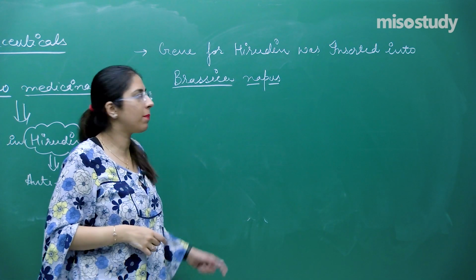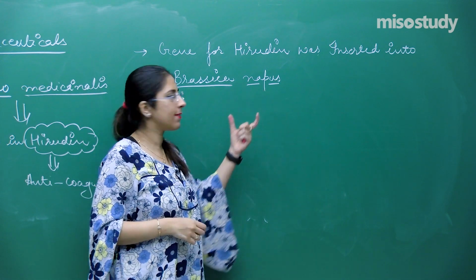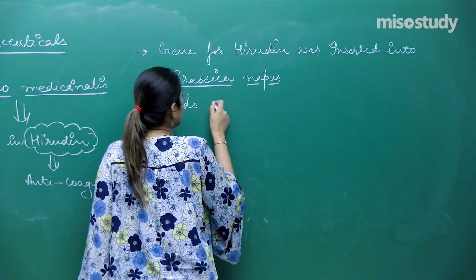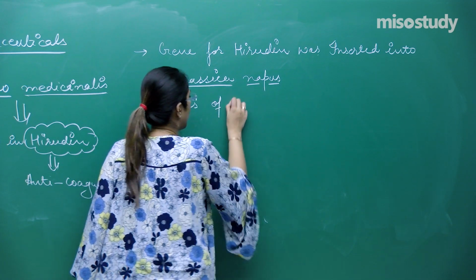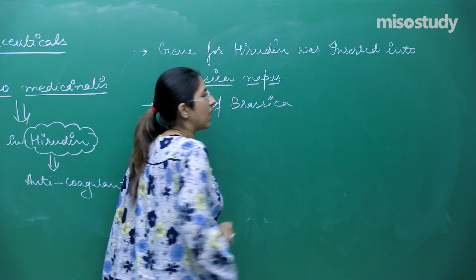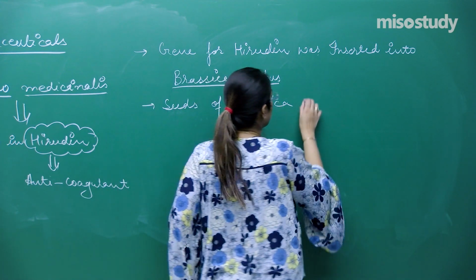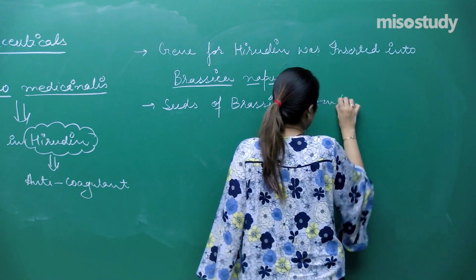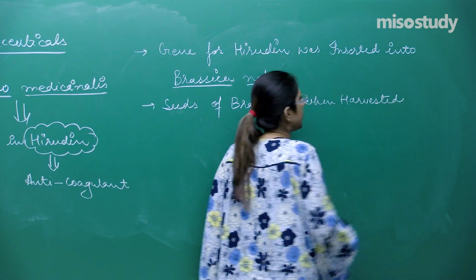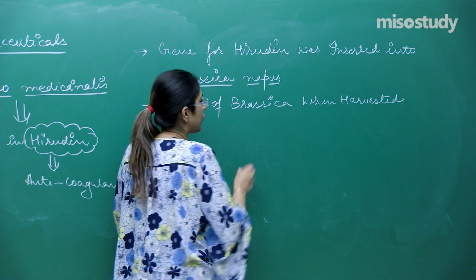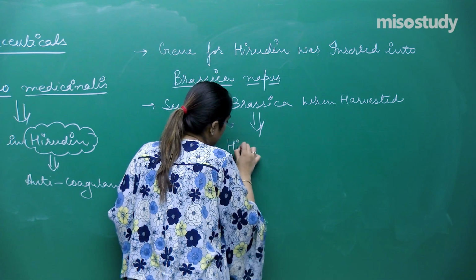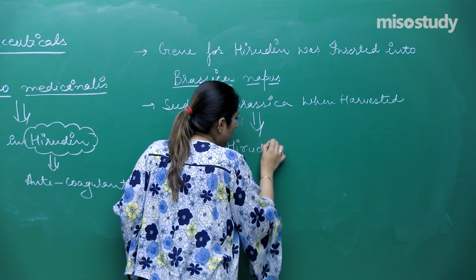They are inserted into the Brassica napus, and when the seeds of Brassica were harvested, right, they were rich in what? They were rich in hirudin, right.